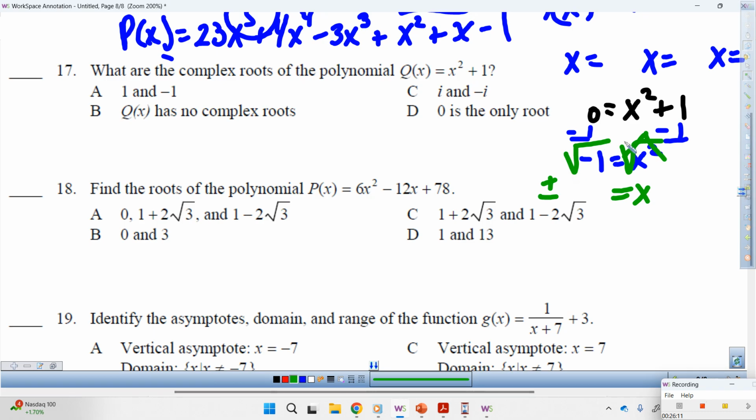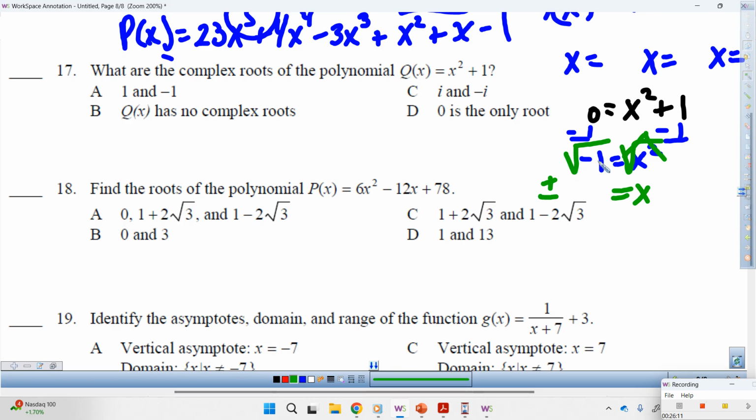What is square root of negative 1? Remind your neighbor. Joseph, what is square root of negative 1? Is there such a thing? No. Square root of 1 is 1. But what is square root of negative 1?